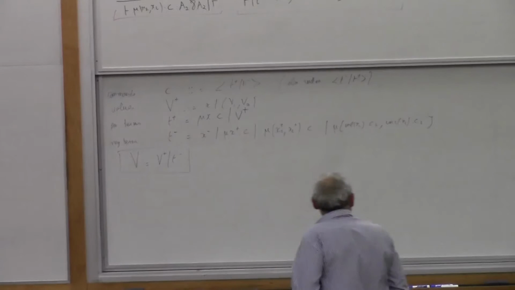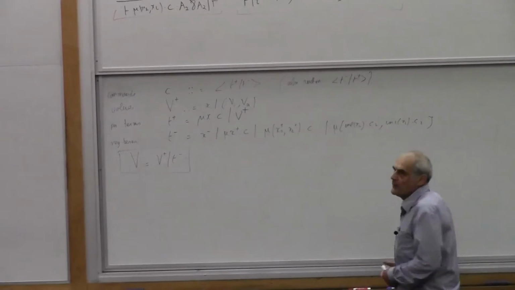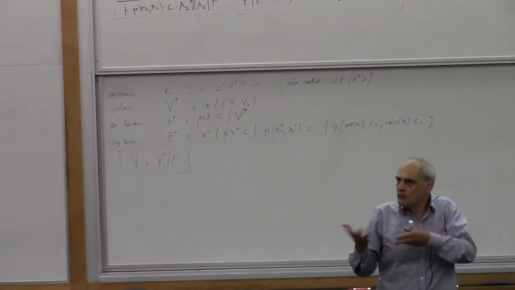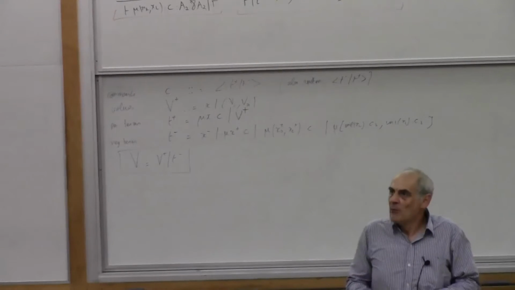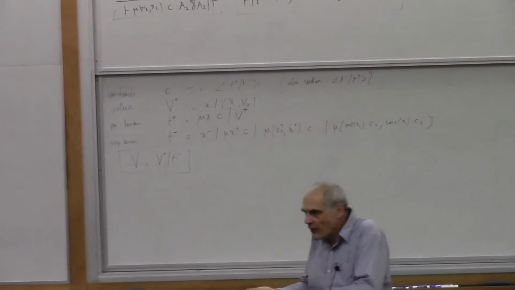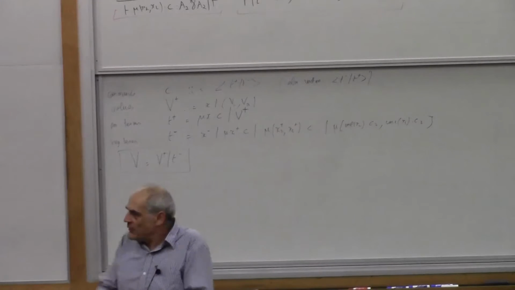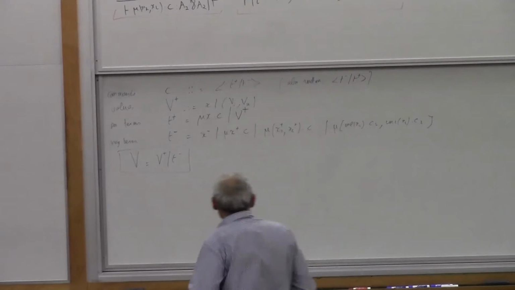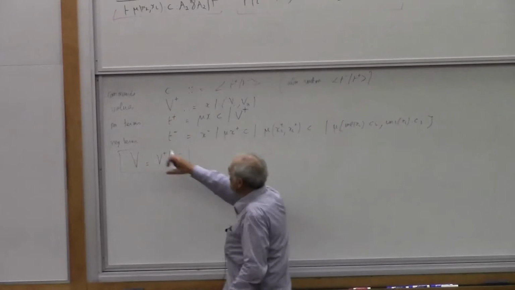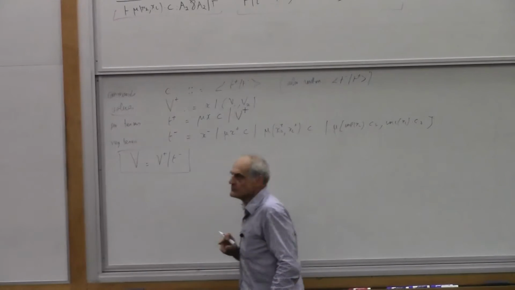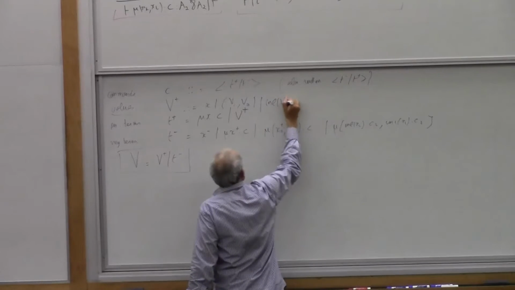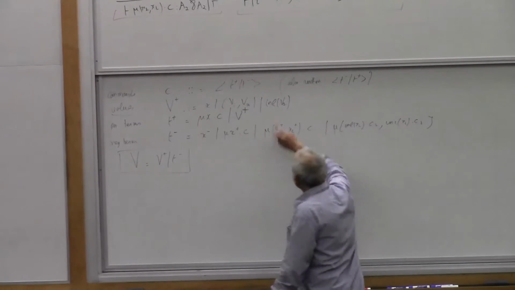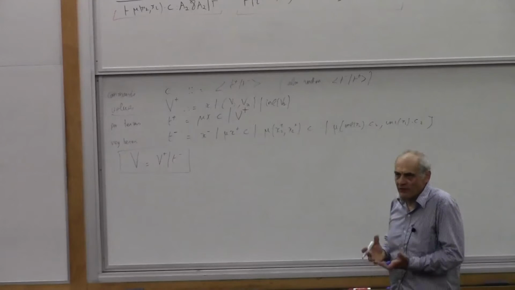What is a value of type A times B? It's a pair of two values, one of type A1 and the other of type A2. But if A1 is itself a product, then this value must be a pair of values, etc. So this is the reason why we call them values. And the same for in left of V1. So typically, let me tell you what I forbid.